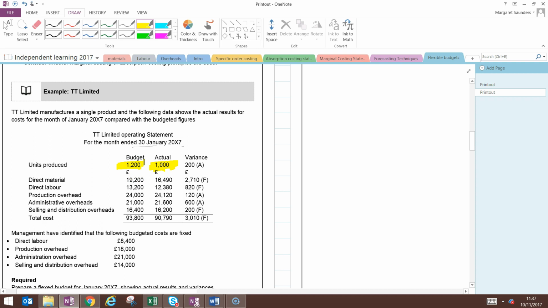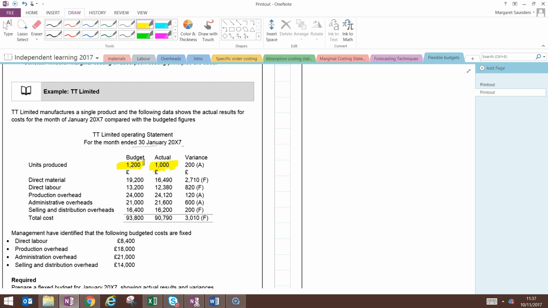Now, the information from comparing budget to actual, so the variances, is not of much use currently, since we are not comparing like with like. We are not comparing a budget for 1,000 units with an actual for 1,000 units. Since the budget and actuals are based on different amounts of units produced, we would expect there to be differences in the costs.